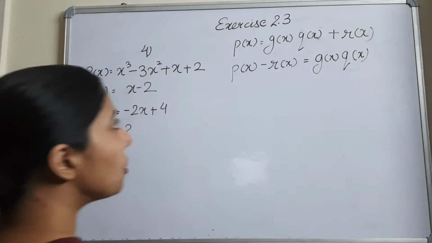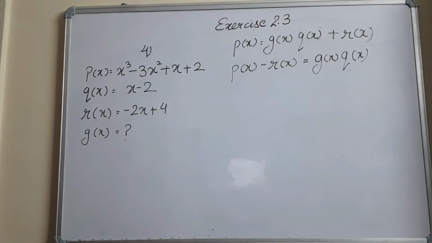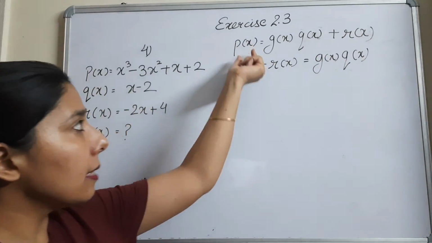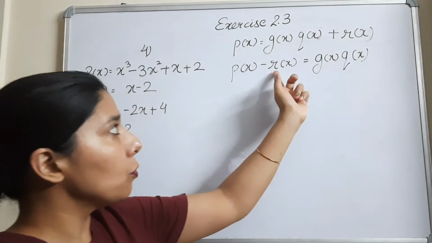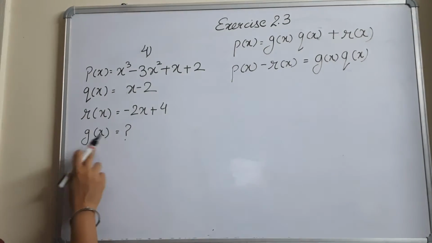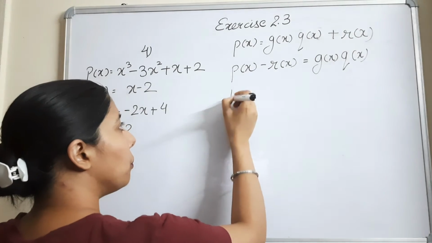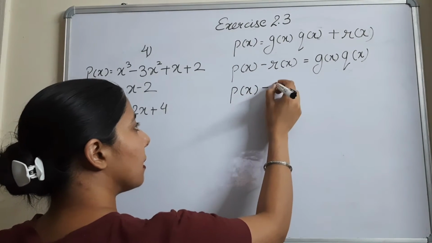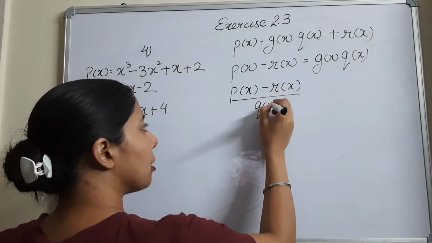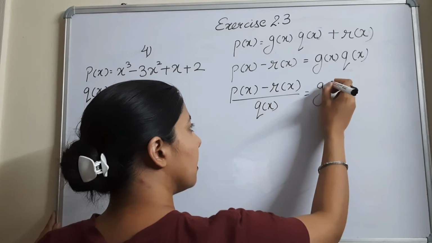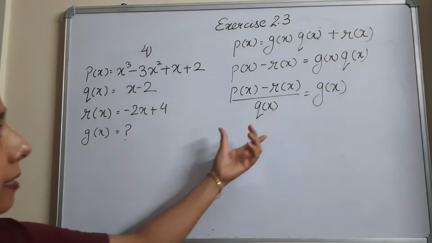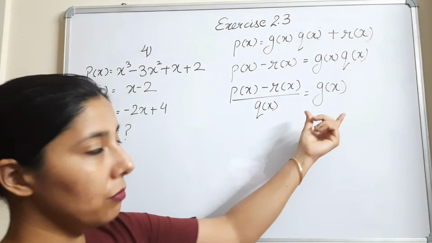I hope this calculation is clear to you all. I just brought rx from here to this side and changed the sign from plus to minus. Okay, so now we are required to find gx, so you can write it as px minus rx upon qx equals gx. So we will be using this formula to calculate the value of gx.